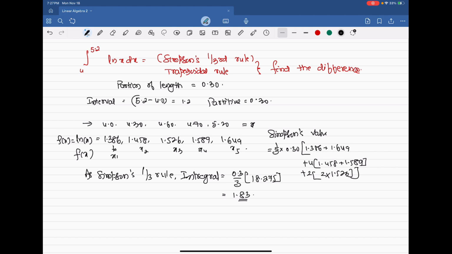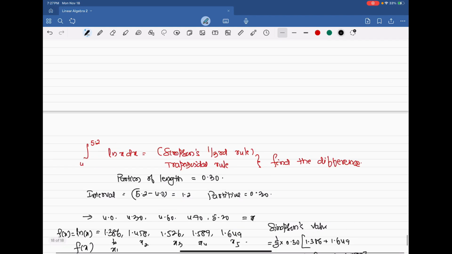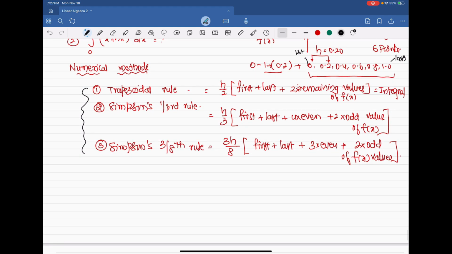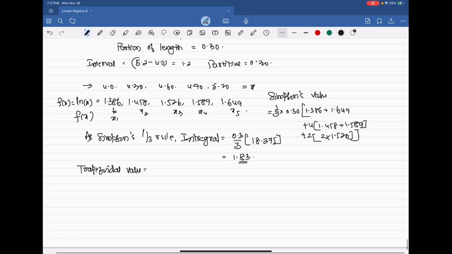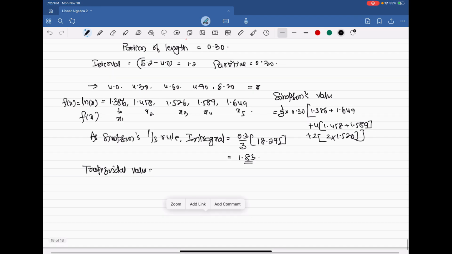Now, as per the trapezoidal rule, what does the trapezoidal rule say? Please remember, h by 2, first plus last, plus 2 into remaining. h is 0.3, so 0.3 divided by 2.